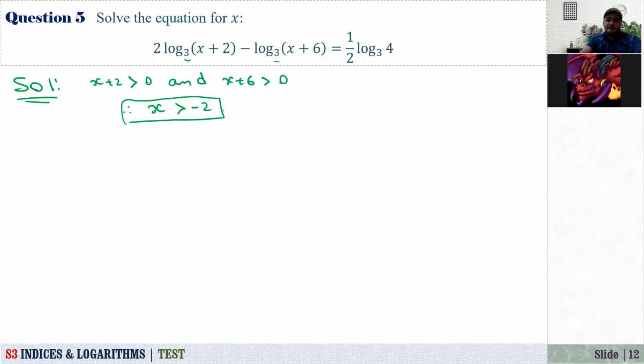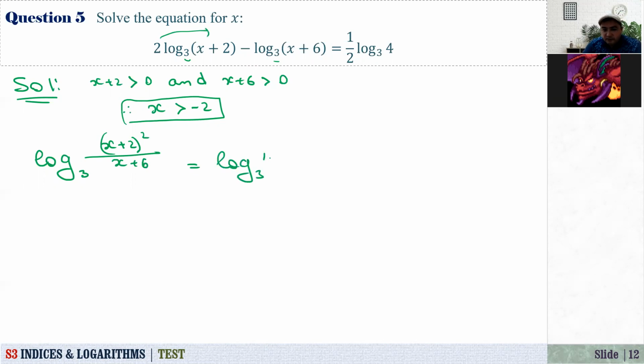So the first one, I can just write it as 3, right? The left-hand side will be logarithm with base 3 of, it is divided, x plus 2 squared. First, I need to bring this inside, and here we have over x plus 6. On the right-hand side, we have log with base 3 of 4 to the power of 1 over 2, because the coefficient in front becomes the power of this 4.